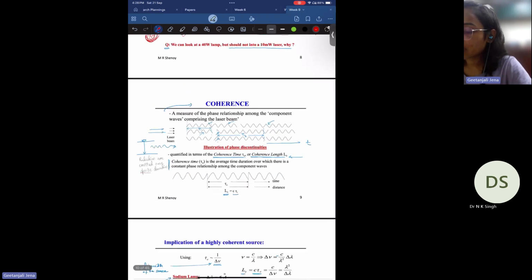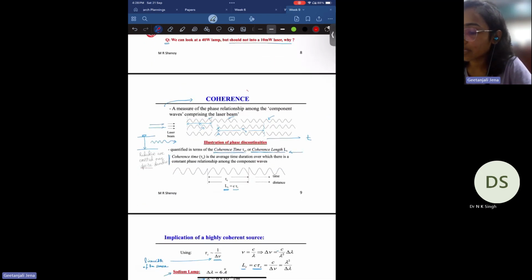Another property is coherence, right? Coherence by definition means the phase relationship among the component waves comprising a laser wave. Whenever a stimulated emission happens in a system, let's say you have level 1 and level 2, where the lasing action is going on.